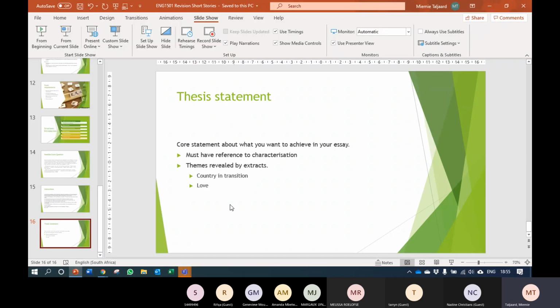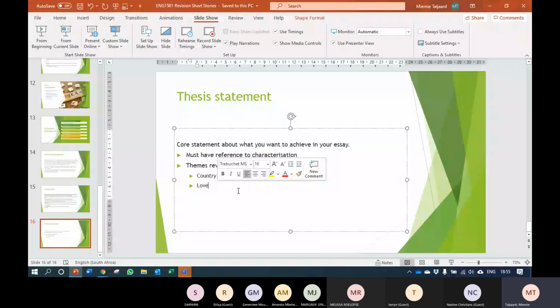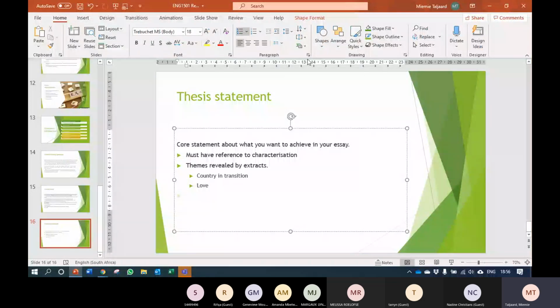A structure I give to the postgrad students who have to write thesis statements would be this one, by. Then you need a verb and something that you are going to do with the verb. Choose another verb and something that you are doing with the verb.